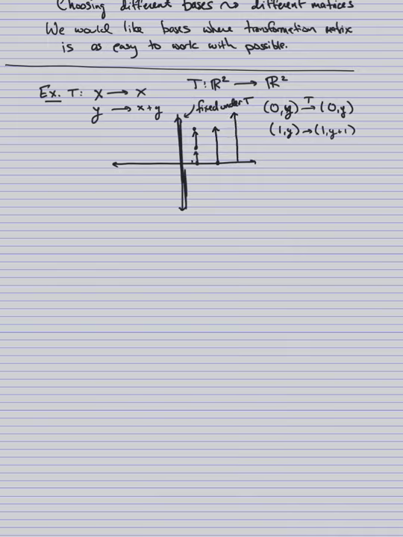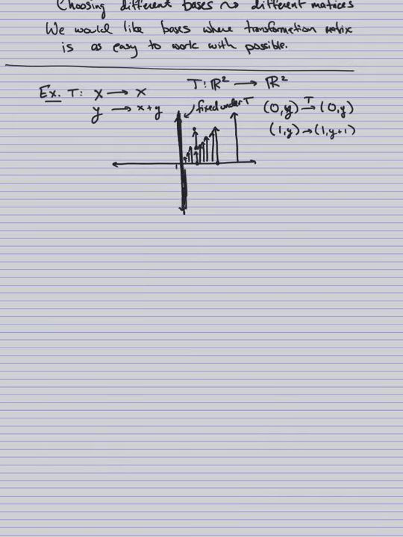So what you end up with is this picture, and this is why it's called a shear. You have translation upwards. If you fix a vertical line, then this transformation just acts by translating up on that line. But how far you push up depends on how far away you are from the y-axis.